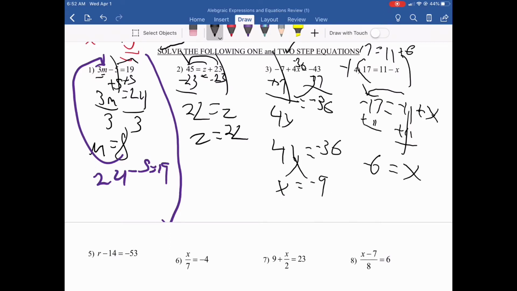So when I put this back in there, 17 equals 11 minus 1x. x is -6, so minus times a minus equals a positive. So it's going to become 6. So 17 equals 11 plus 6.